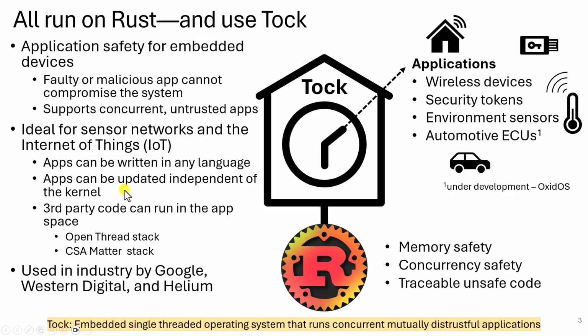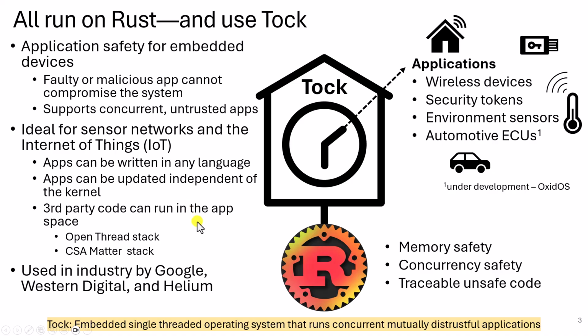And this flexibility makes it possible to allow third-party code to run in the application space. So software stacks such as OpenThread, which provides wireless functionality, can run in user space to have Thread connectivity without having to write that stack in the kernel.